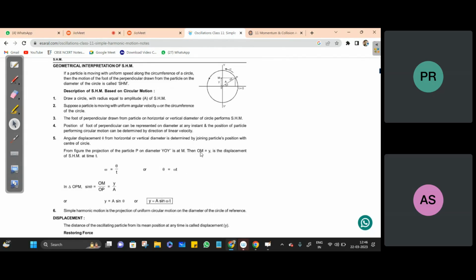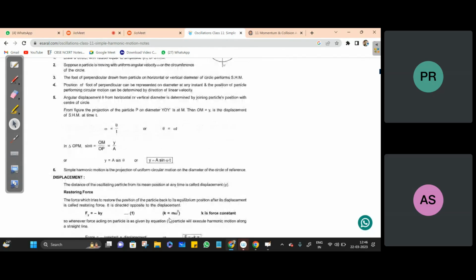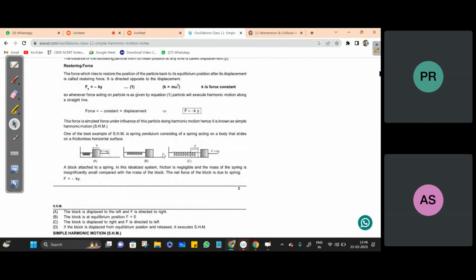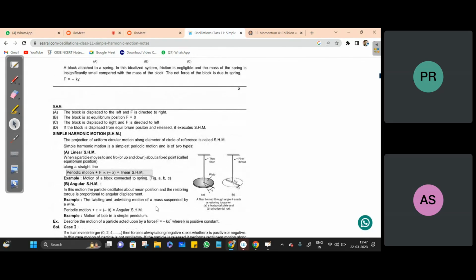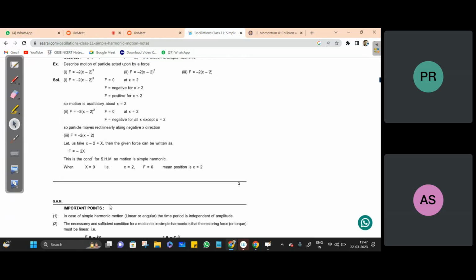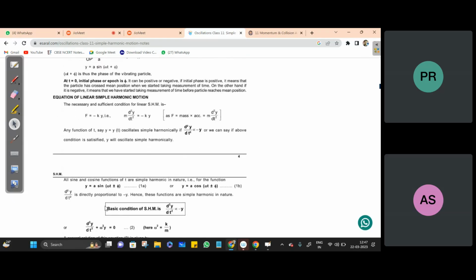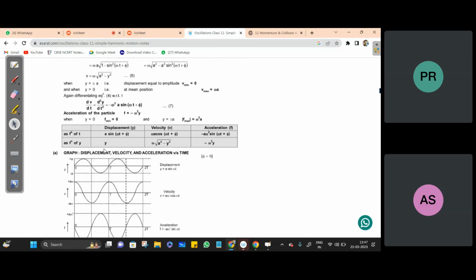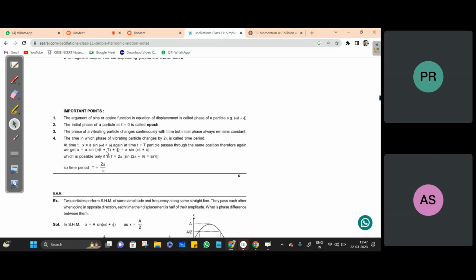Now we will talk about SHM. First of all, you have to understand that SHM is also a type of oscillation, but it is a special type of oscillation. And how can we define SHM?